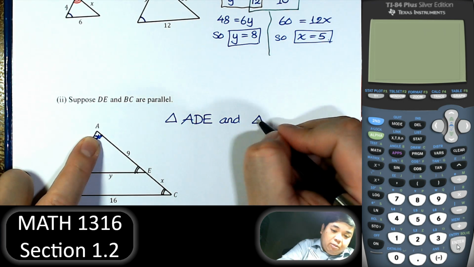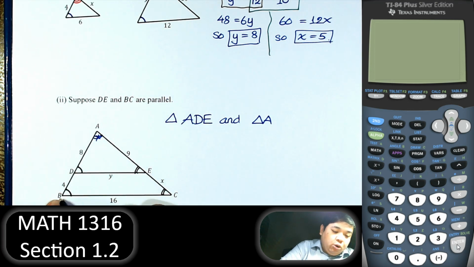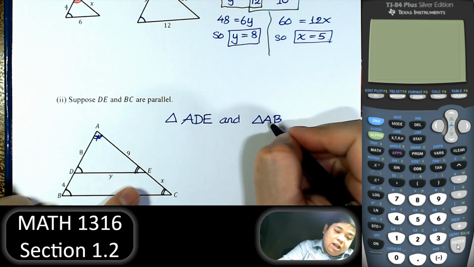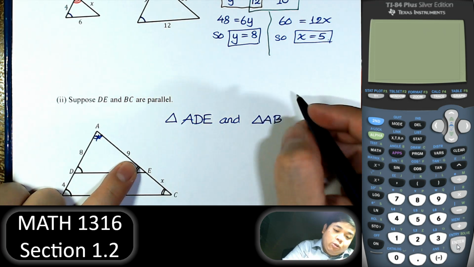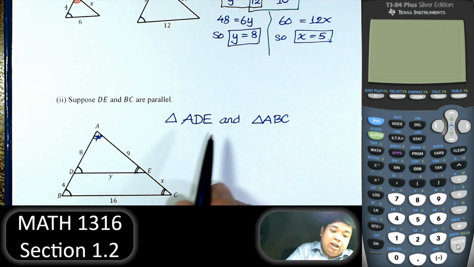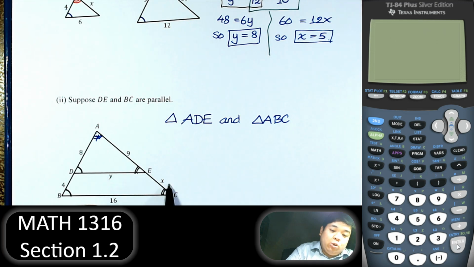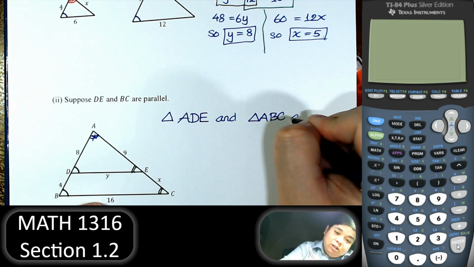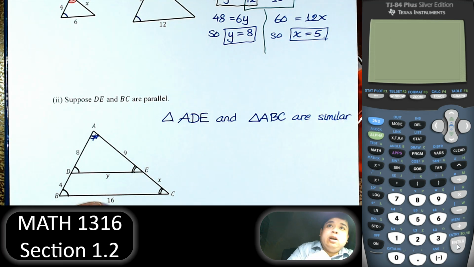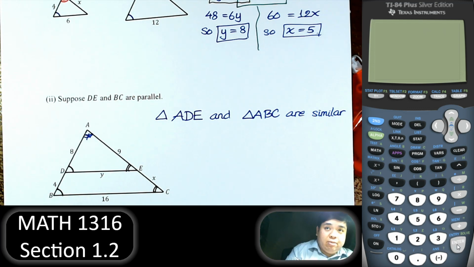Angle A is common, and instead of D, we go to B, and instead of E, we write C. So angle A equals angle A, angle D equals angle B, and angle E equals angle C. So those two triangles are similar. And the reason we write the correspondence like that is so the ratio will be easier to write.